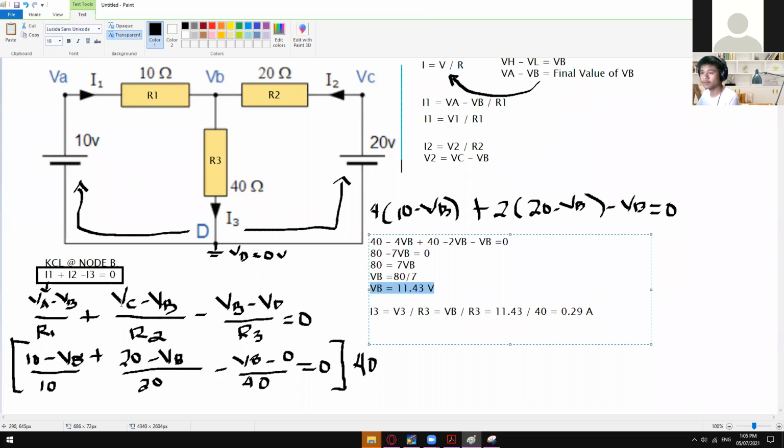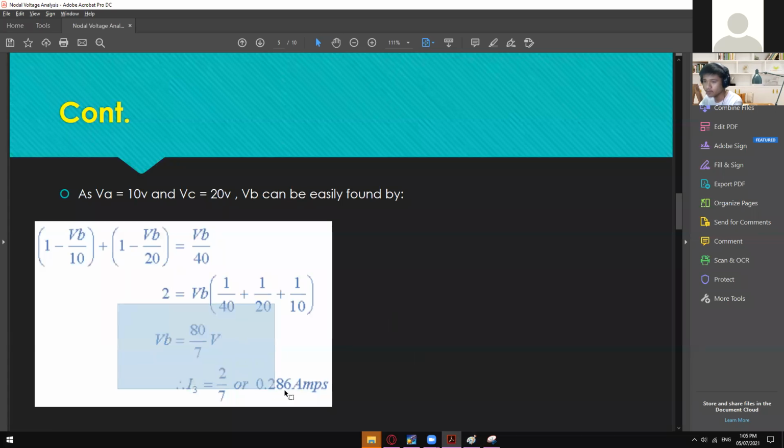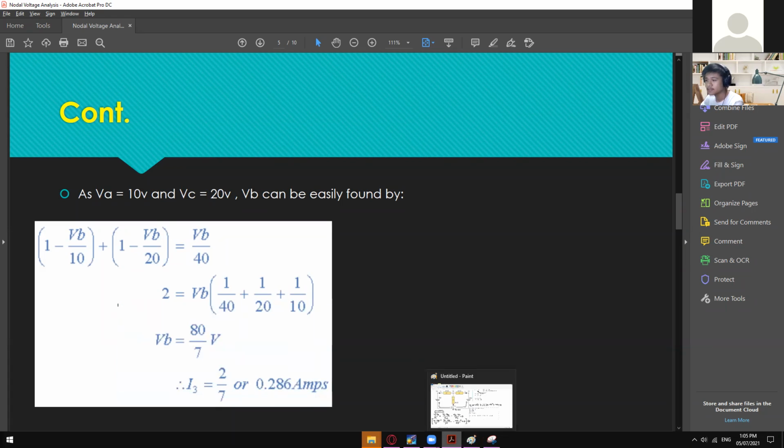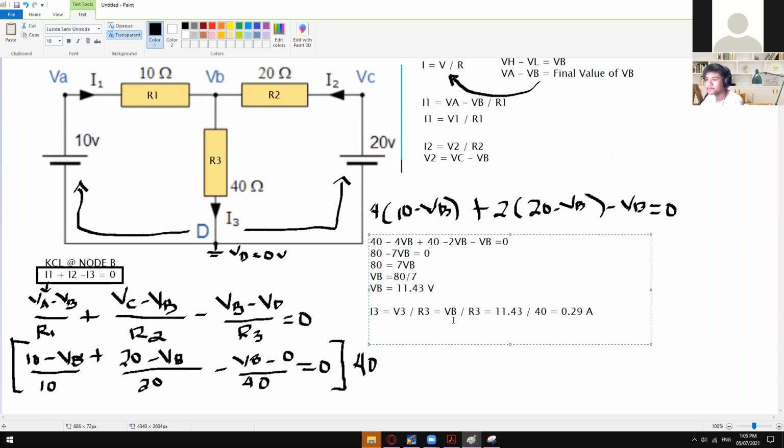Just retain that one and then you can now solve for the value of VA. But I will not do that anymore since our only goal is to solve for the VB and then the I3. So I will leave that to you guys to solve the VA and then the VC. And after that, you can use those values to solve for the unknowns I1 and then I2.